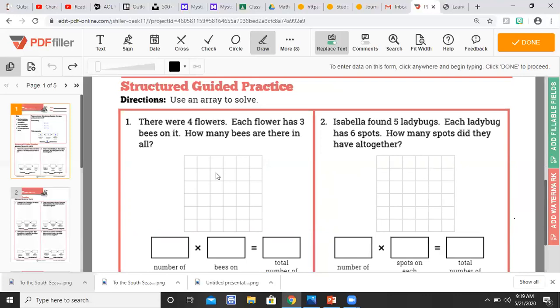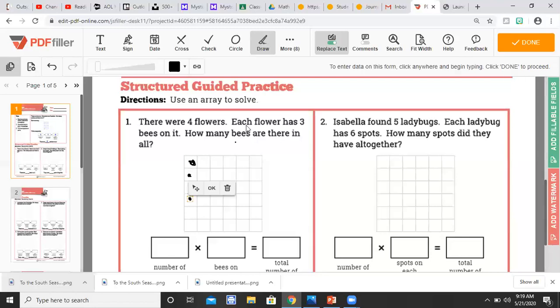So I'm going to begin by making my array. Here are my 4 flowers. This is not going to be neat, boys and girls. I'm trying the best that I can with this drawing tool. So that's 1 flower, 2 flowers, 3 flowers, and 4 flowers.